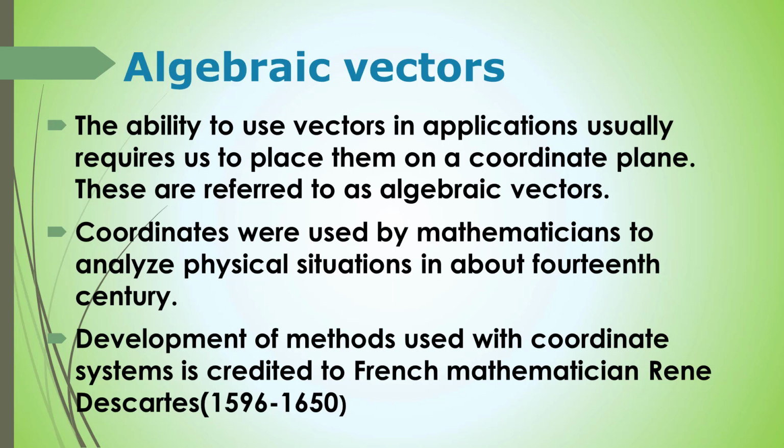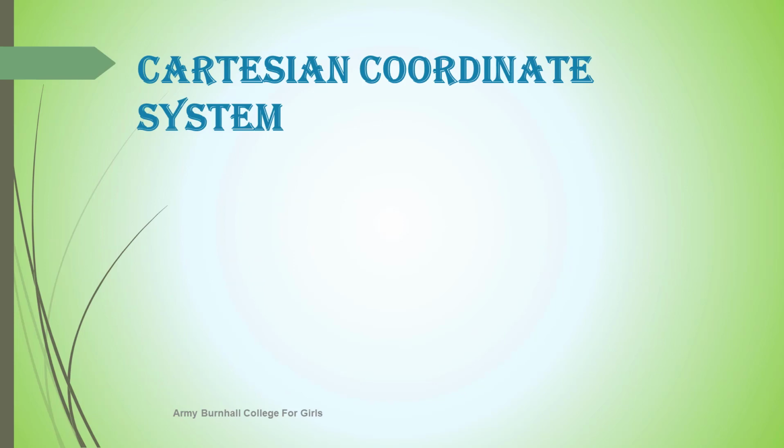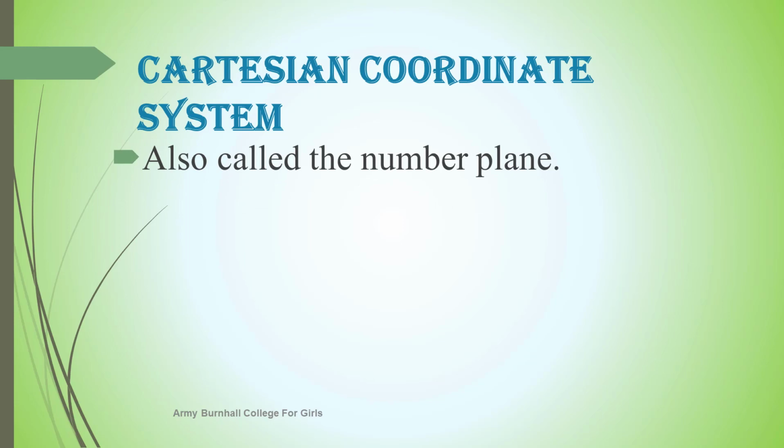A lot of work was done by him. The Cartesian coordinate system is the coordinate system which we are widely using. You are aware of this type of Cartesian coordinate system. It is also called the number plane.